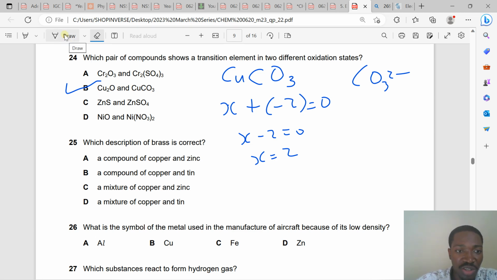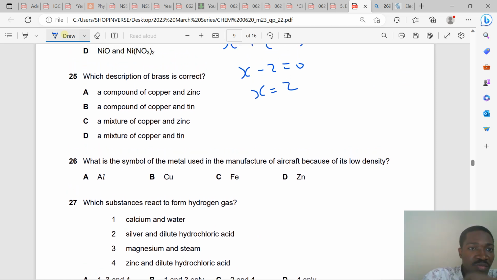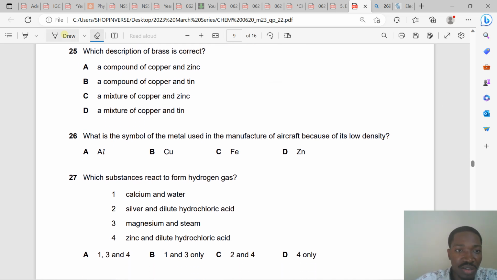We go straight to the next question, question 25. Which description of brass is correct?